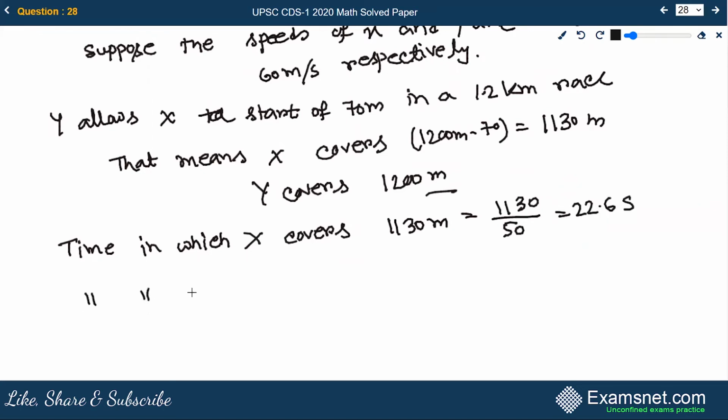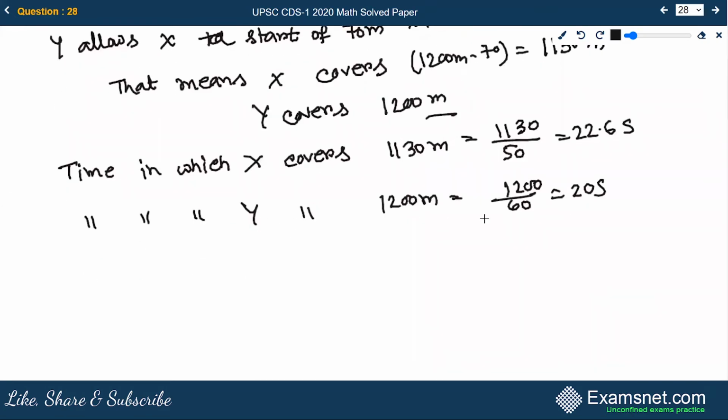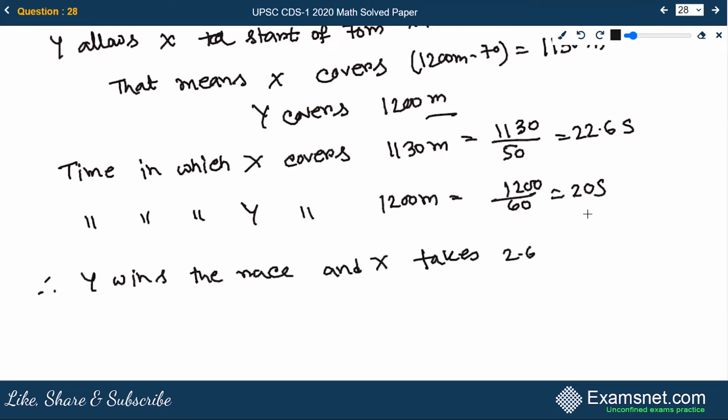And the time in which Y covers 1200 meters is 1200 by 60, so 20 seconds, correct? So obviously Y took less time, correct? Therefore Y wins the race.